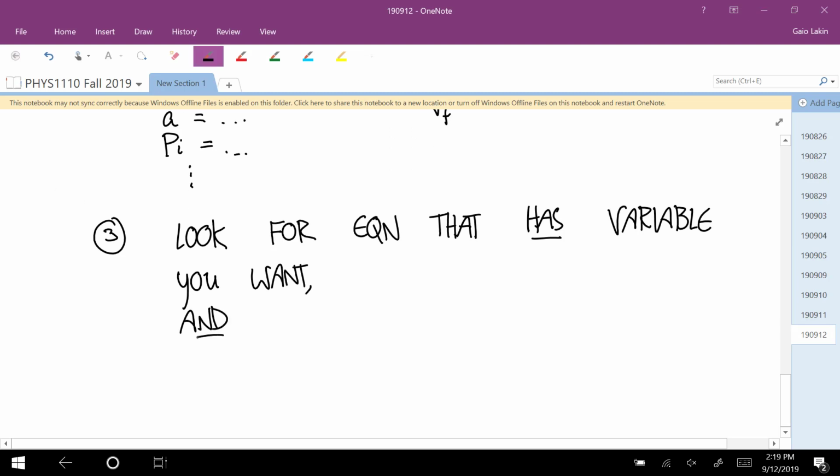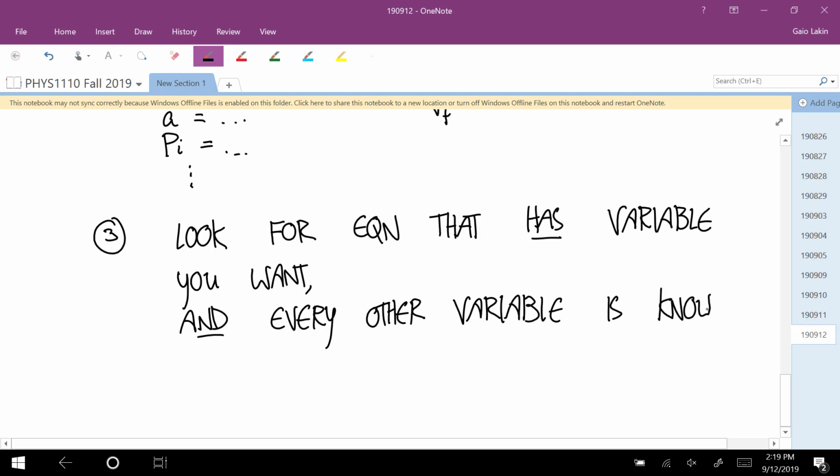And every other variable in the equation is known. Okay, a single equation only lets you solve for one variable, so there can't be any other things you don't know in there.